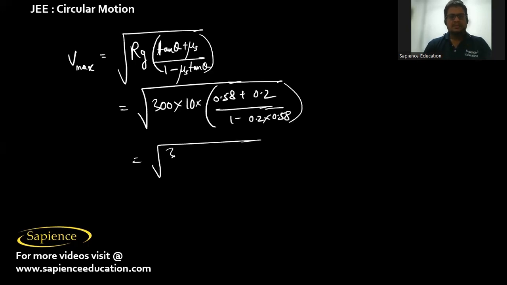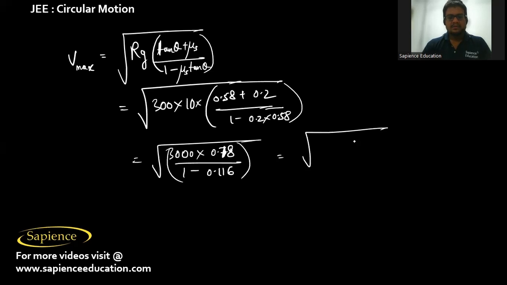So this will be equal to 3000 into 0.78 by 1 minus 0.2 into 0.58. It is 0.116.